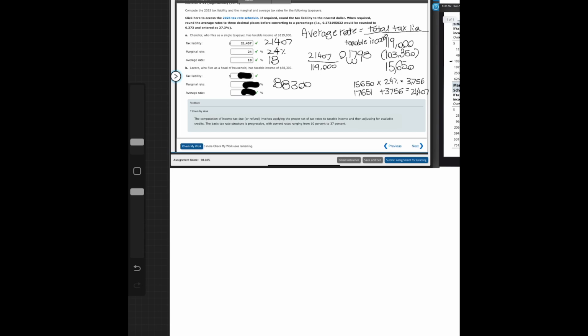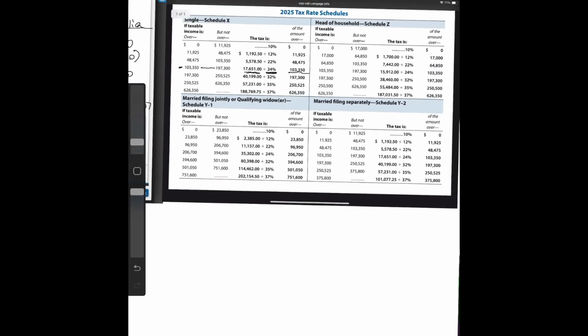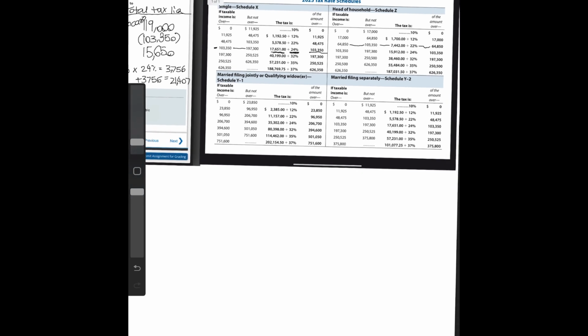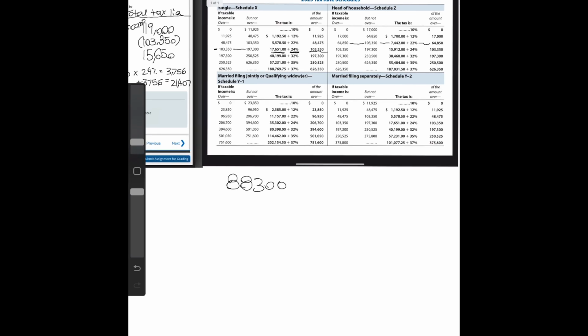She's head of household, so we have to use this other one. Puts her right here. All right, so 88,300 and head of household.